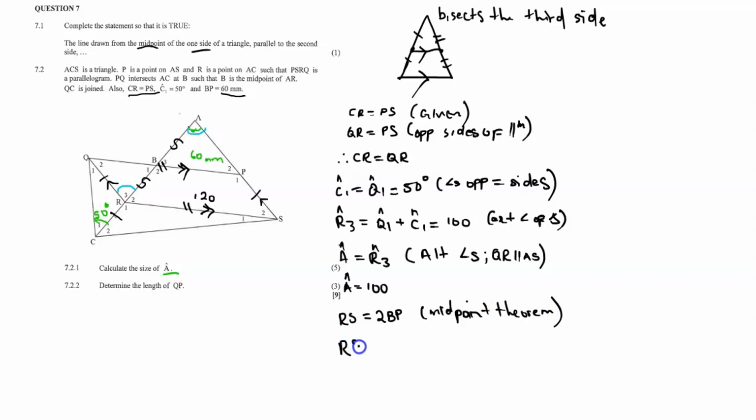So that means RS is equal to 2 times 60 millimeters, which is 120 millimeters. If this is 120 millimeters, and we know that PSRQ is a parallelogram, that means RS is actually equal to QP, since they are opposite sides of a parallelogram.